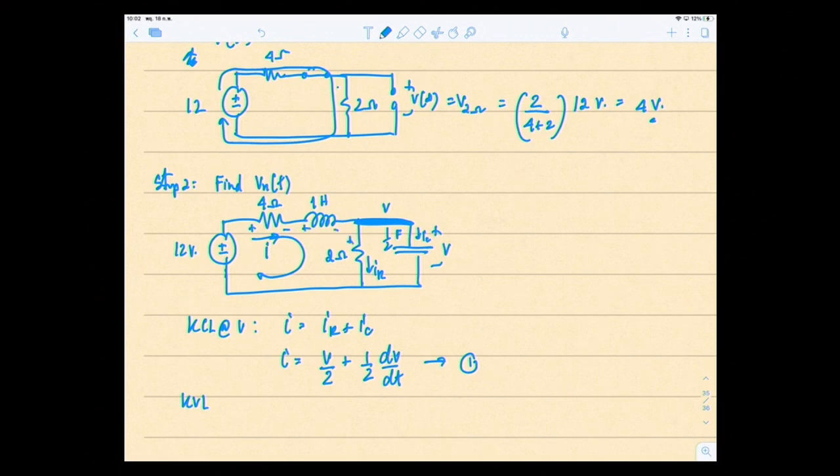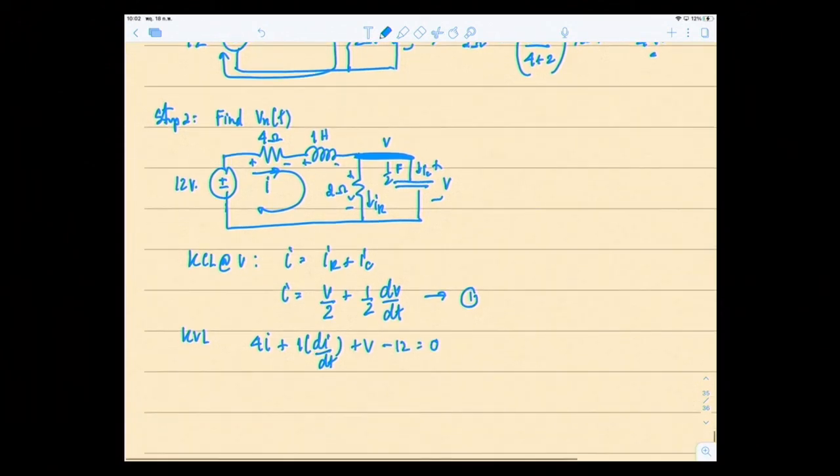Of course we have V right here, so we have 4I plus the voltage across this 1 henry inductor, which is L di/dt, so 1 times di/dt, plus V, because we want to find V, and then minus 12 equals 0.